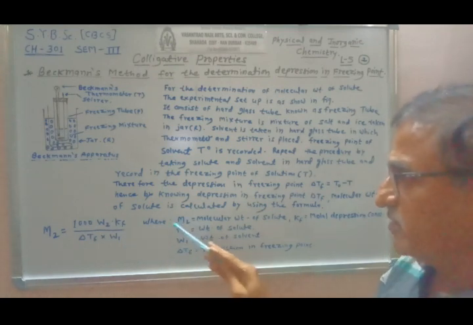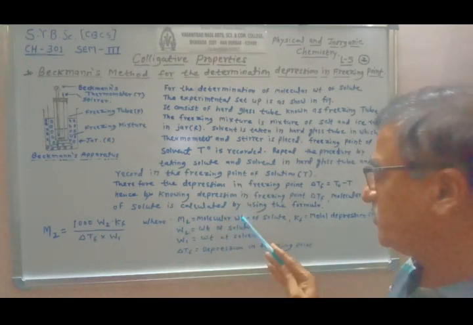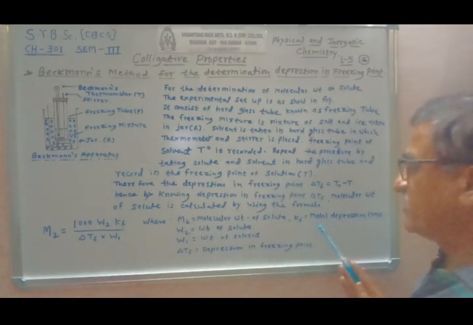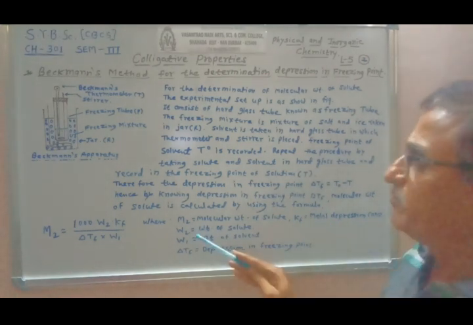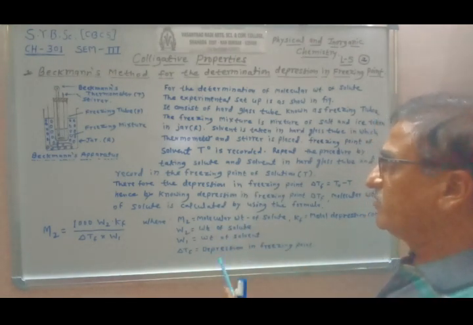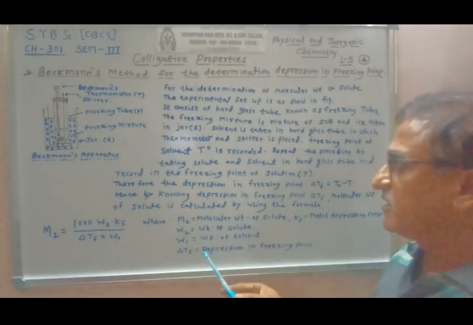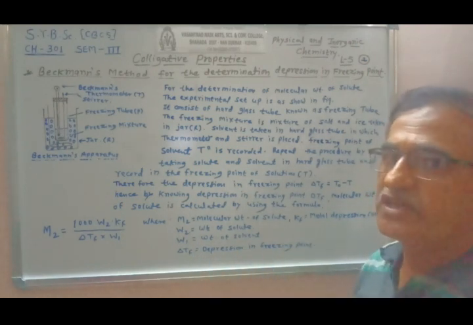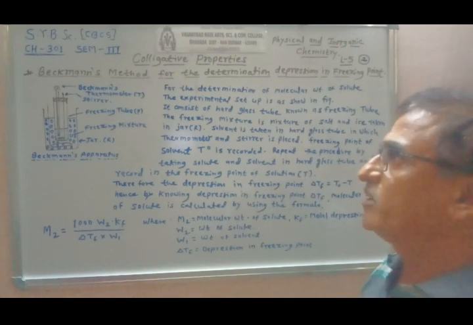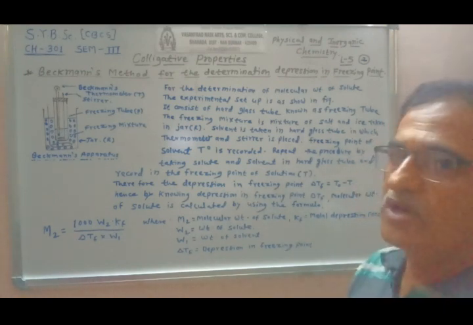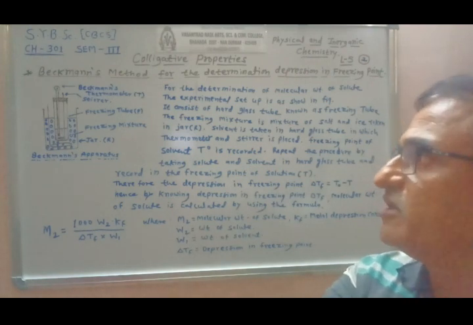So where M2 is the molecular weight of solute, Kf is the molar depression constant or cryoscopic constant, W2 is weight of solute, and W1 is weight of solvent. Delta Tf is the depression in freezing point.